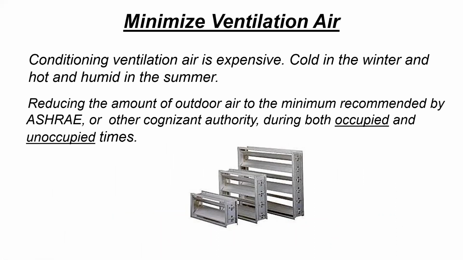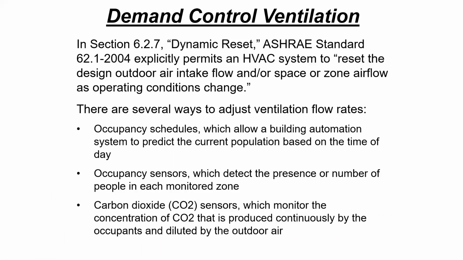Again, conditioning ventilation air is expensive. Fresh air coming from outside is cold in winter, hot and humid in summer. So we can use different methods to reduce the amount of outdoor air, or it could be based on the occupancy of the space, which we call demand controlled ventilation.